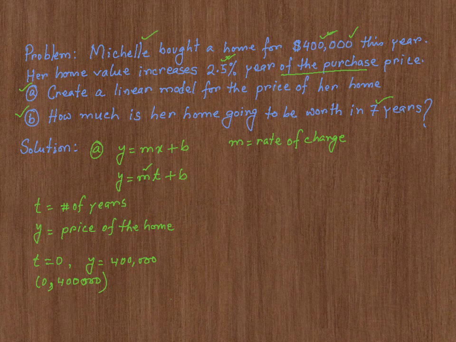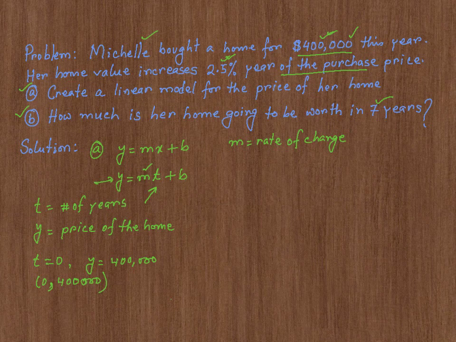In this example, how the price of the home, y, changes as time progresses, as years go by. That means as t changes. So how does y change with respect to t, or in terms of the problem, how does the price of the home change as time goes on?